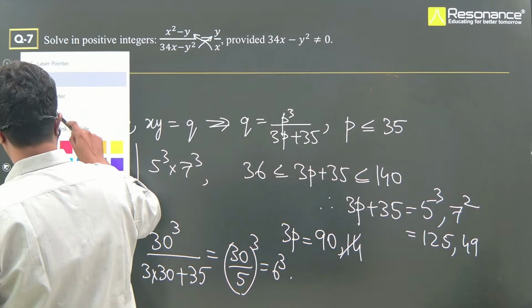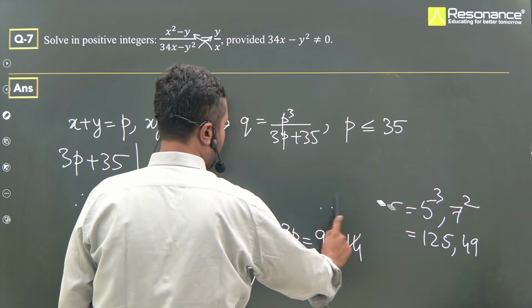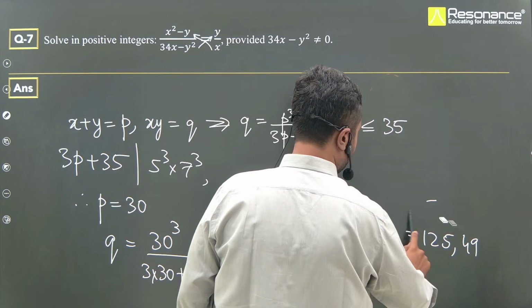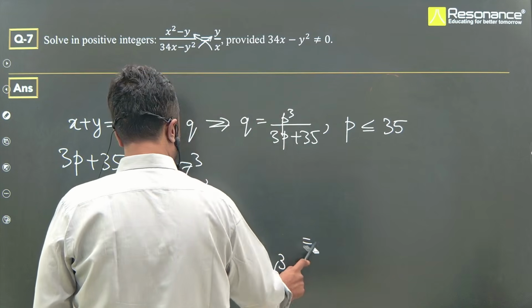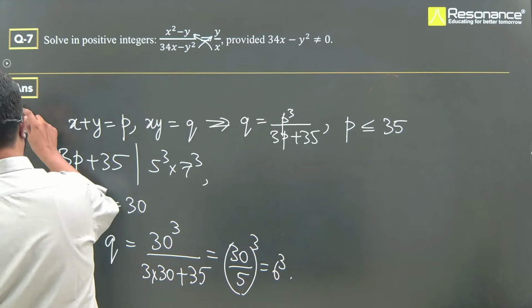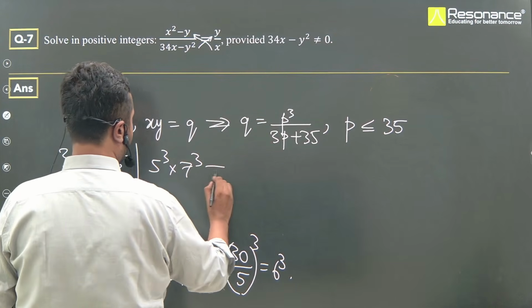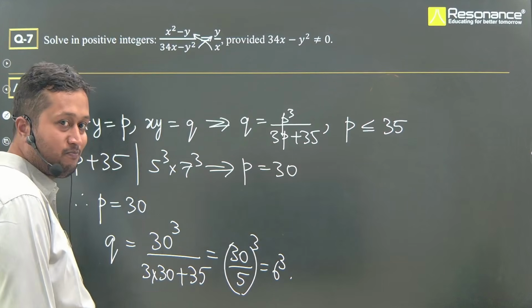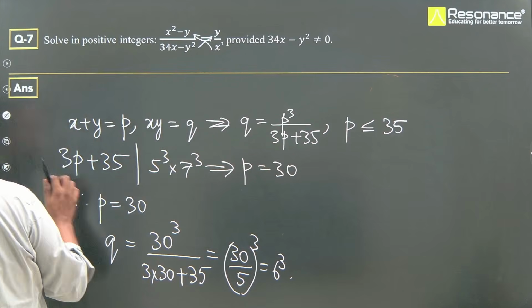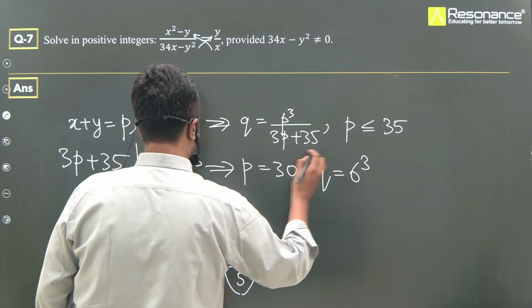Right? Now let's remove all these things. Let's write the final conclusion over here. P equal to 30, just like that. And then Q is equal to how much? 6 cube.